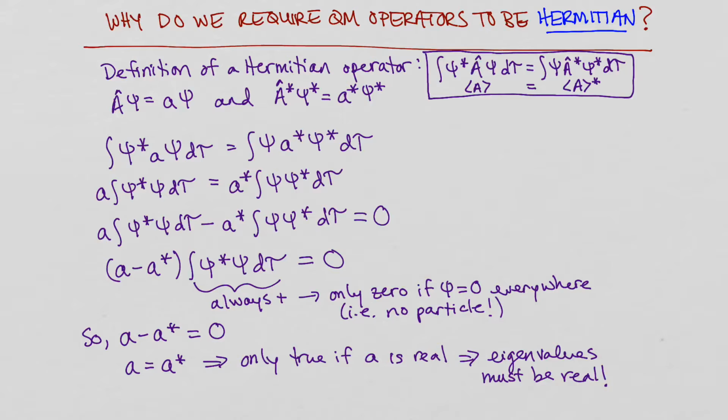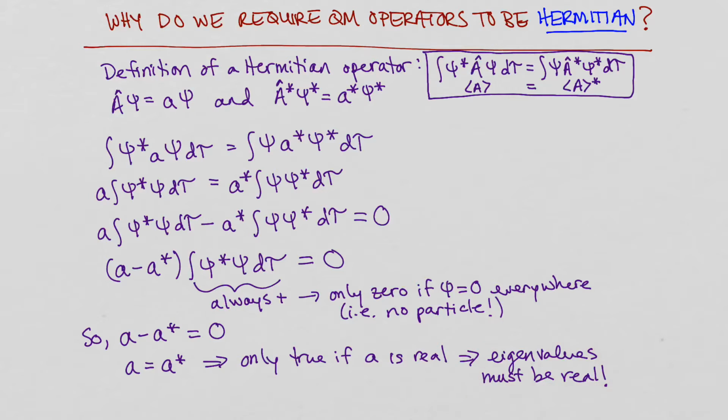And that is why we like to have Hermitian operators for our quantum mechanical operators. Because remember, when we're doing a quantum mechanical calculation, we are doing a calculation for a measurable quantity. So all of our quantum mechanical operators must relate to a measurable quantity, which means that they must produce real eigenvalues.